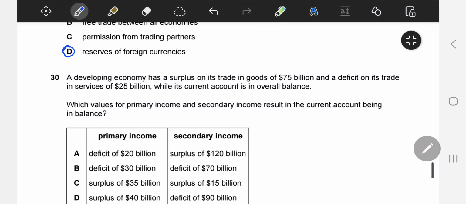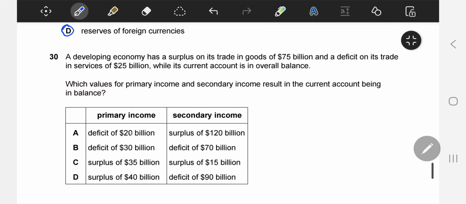And then 30. A developing economy has a surplus on its trade in goods of 75 billion and a deficit on its trade in services of 75 billion, while its current account is in overall balance. Which values for primary and secondary income result in the current account being in balance?